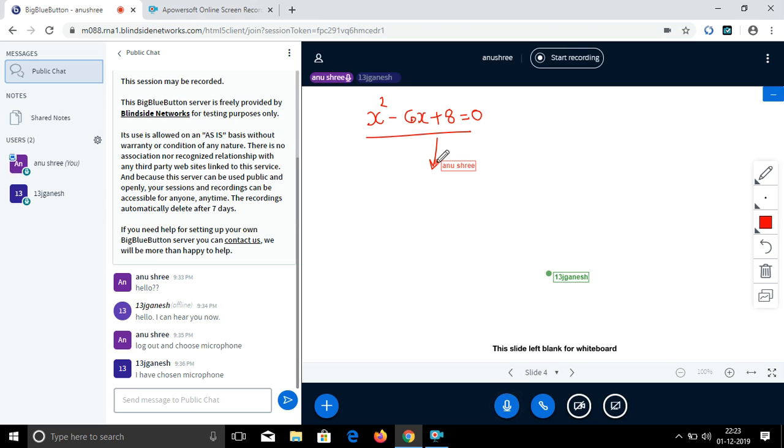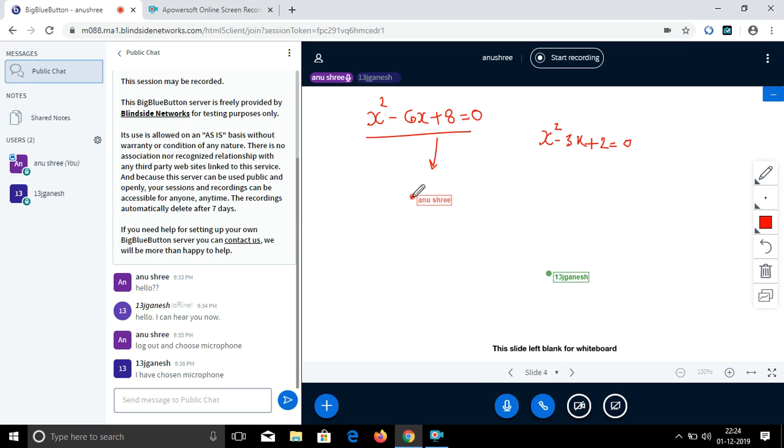Yes, that's correct. And for x squared minus 3x plus 2 equals 0, you'd have x minus 1 and then x minus 2. Yes, that's very correct. So this is how you have to factorize equations.